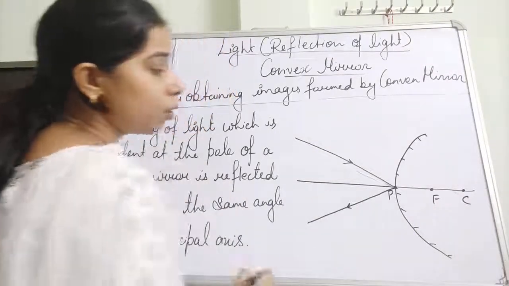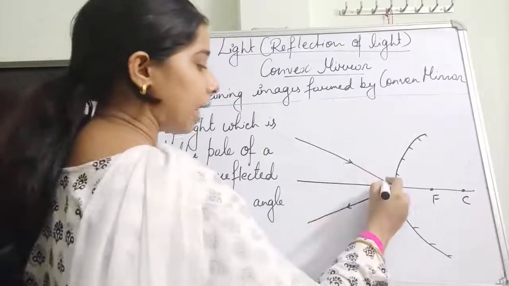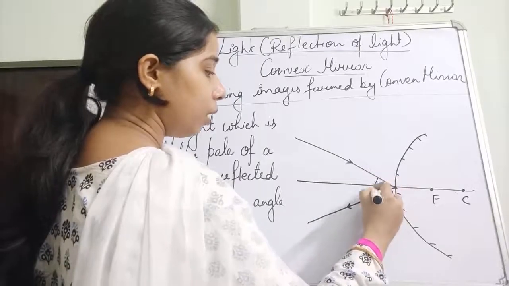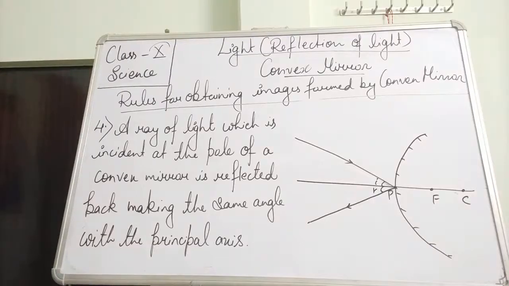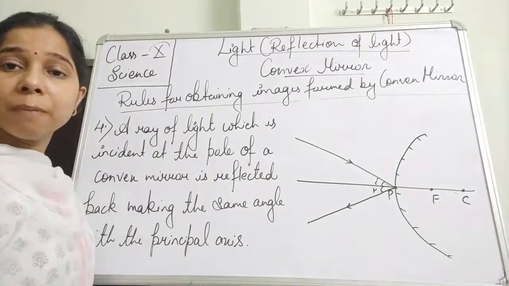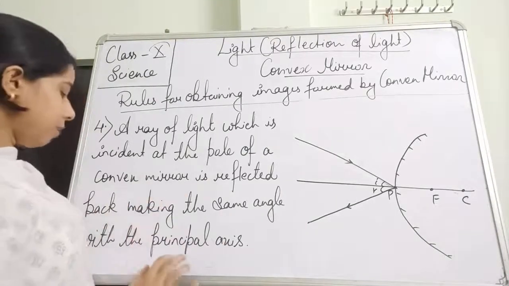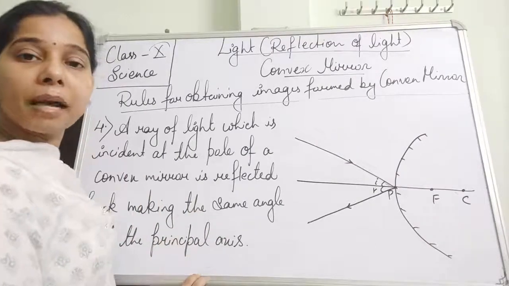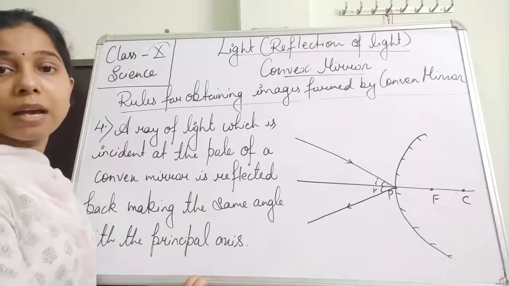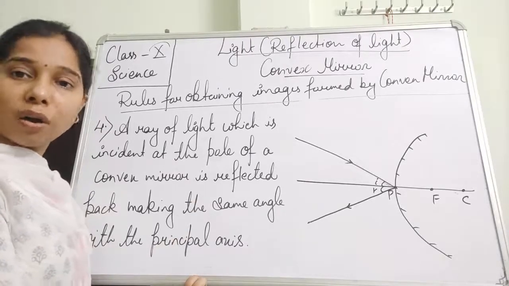So the angle which is made by the incident ray will be equal to the reflected ray, students. We can say here that the ray of light incident on the pole of the convex mirror is reflected back, making the same angle with that of the principal axis. The same kind of rule we have also seen in case of a concave mirror.